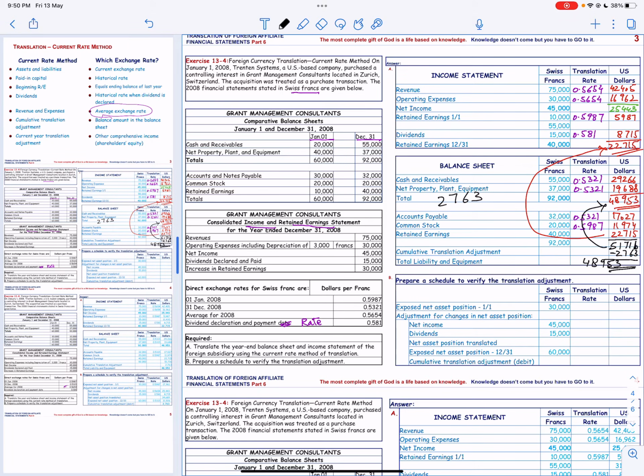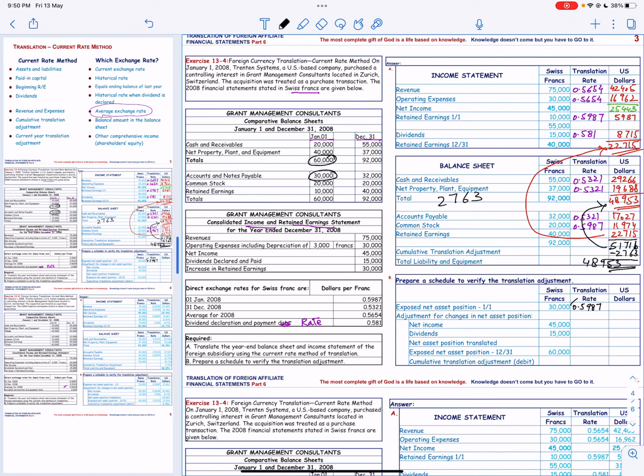Next, we are going to verify our calculations. Now, the exposed net assets, that is total assets minus total liabilities, on January 1 is 30,000. And we are going to use the historical rate, that is 0.5987.